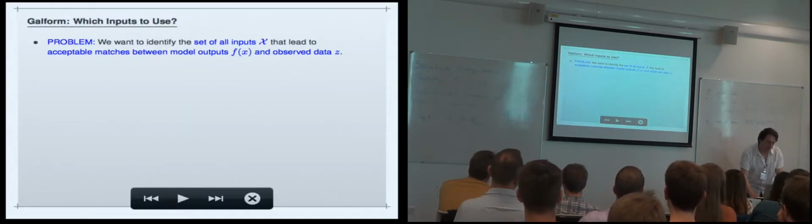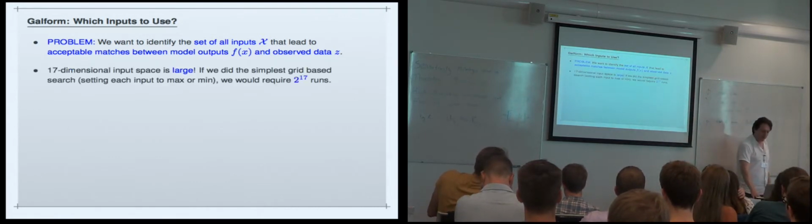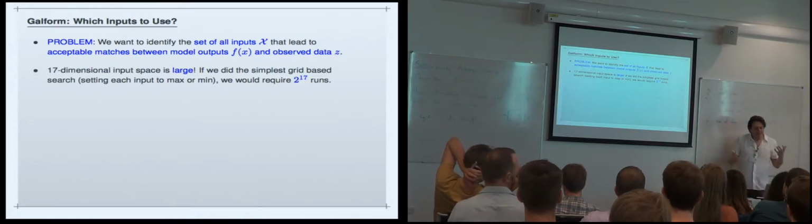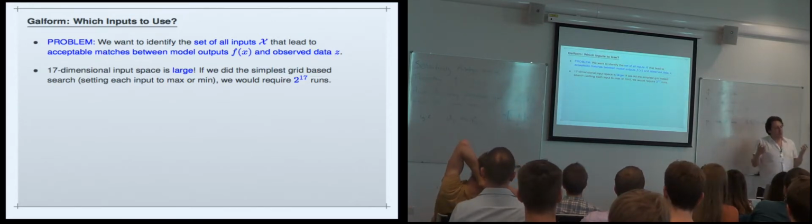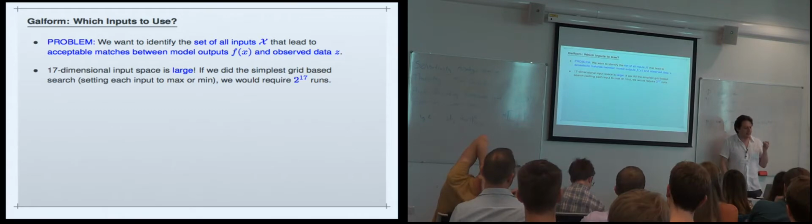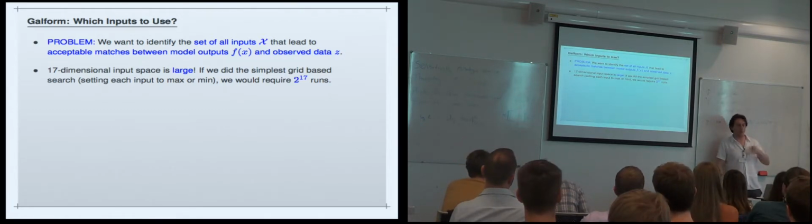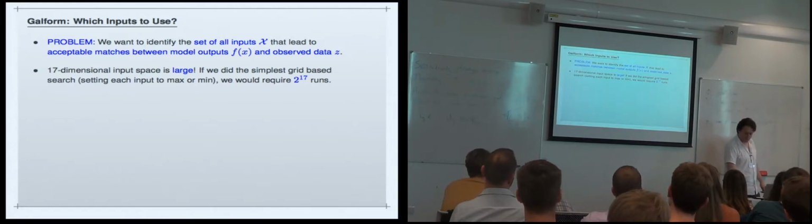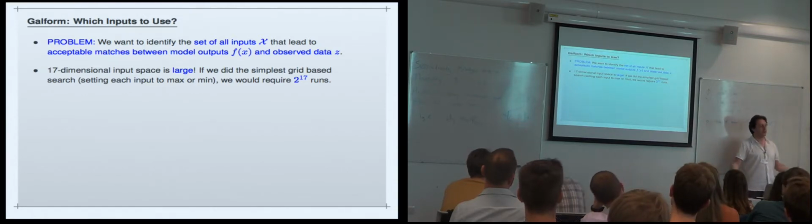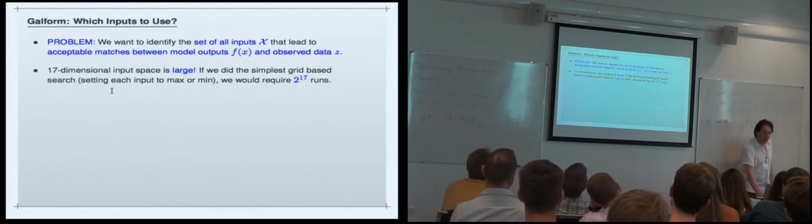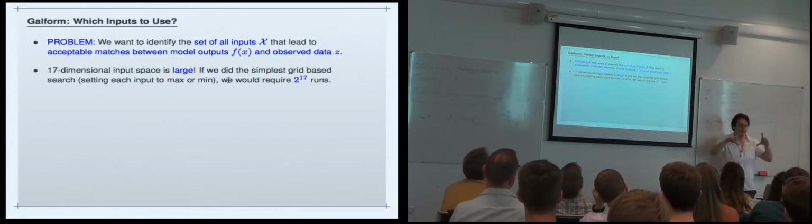So, what's our problem? We want to identify this set of good inputs that lead to acceptable matches. You guys kind of know this, but it's worth thinking about clearly. The 17-dimensional input space, which is what we're walking around, is large. If we did the simplest grid-based search, which would be a stupid thing to do, but it's always good to talk about stupid things, and set each of our inputs to its maximum or minimum value, that'd be a full factorial design, a statistician would call it.